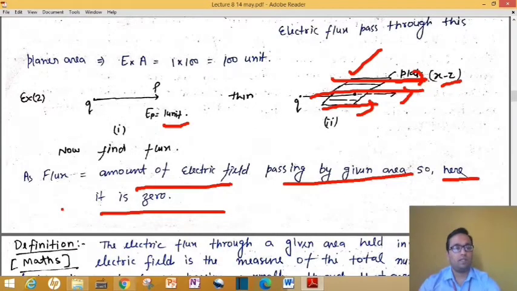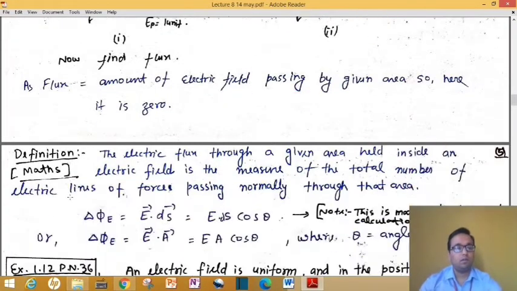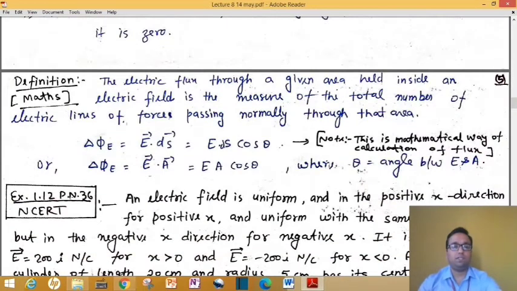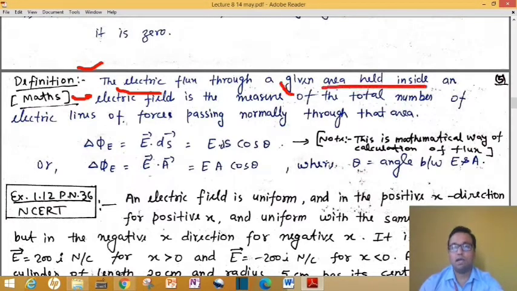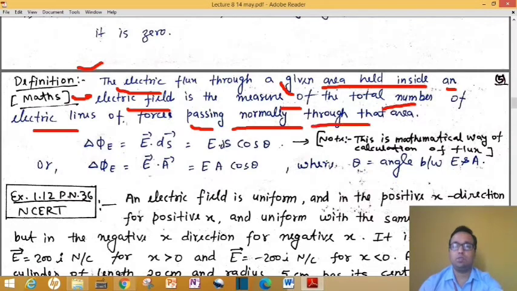So here you can see the next thing. Now what is the actual definition? You have to note it down, this is the mathematical way to calculate electric flux. The electric flux through a given area held inside an electric field is the measure of the total number of electric field lines of force passing normally through that area.